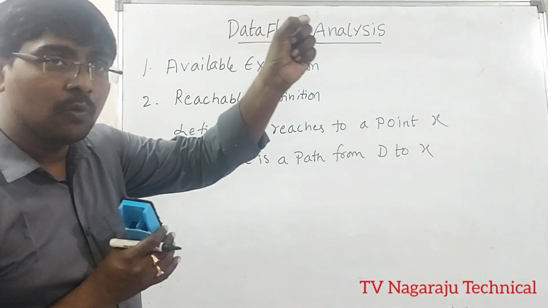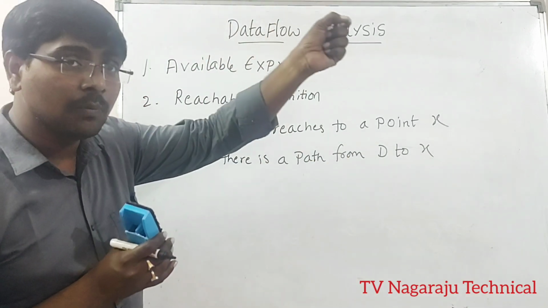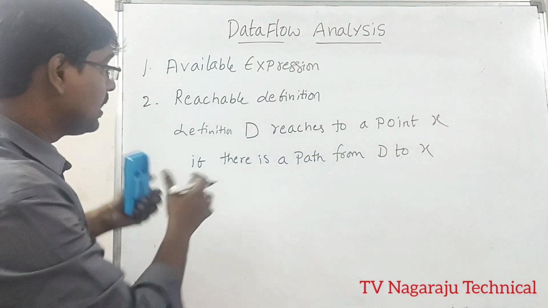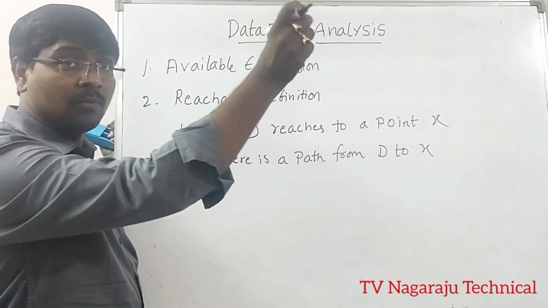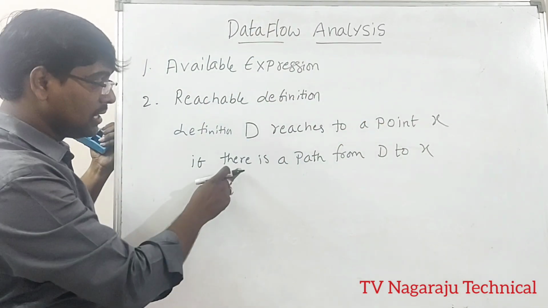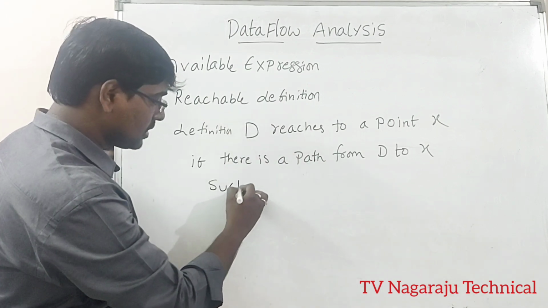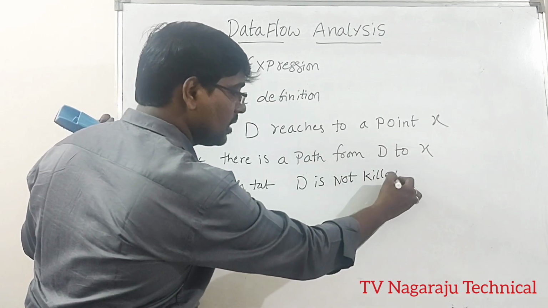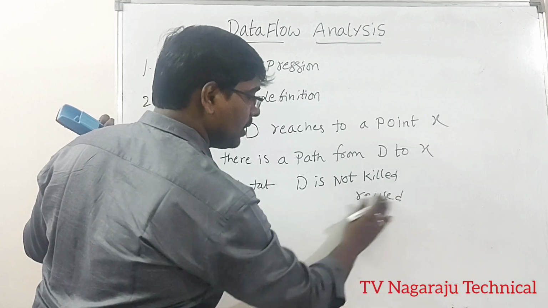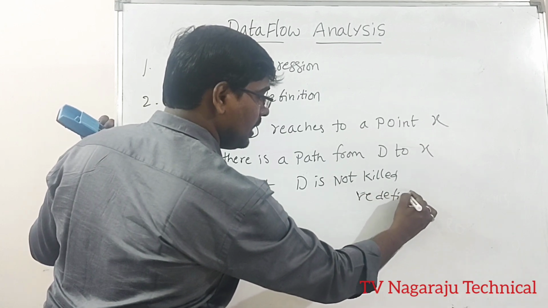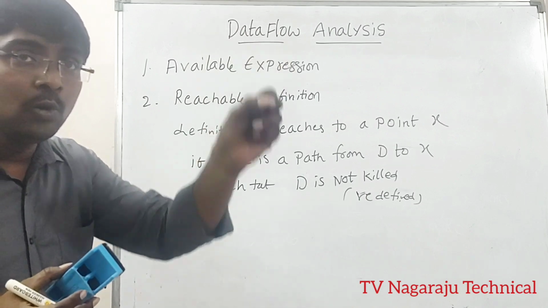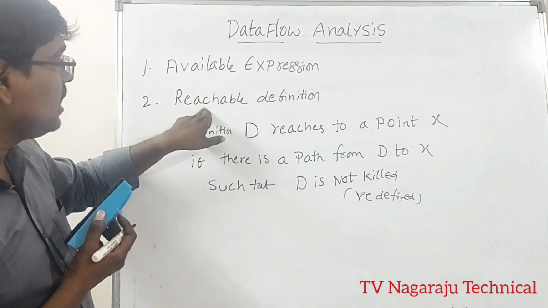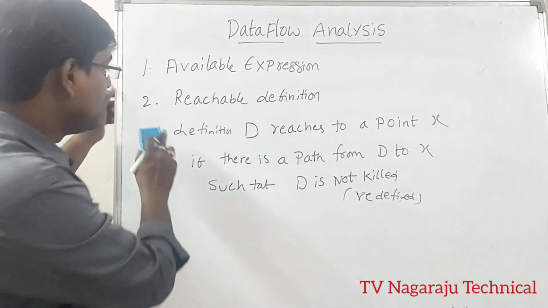Somewhere we are defining one definition, and from that definition we reach some point x in the program. If there is a path from that definition point to the point x such that D is not killed. D is not killed means simply not redefined. That means from D to x, the definition D is not modified. That is called reaching definition.